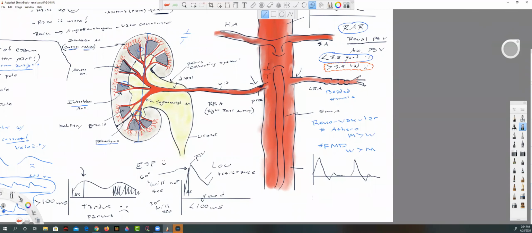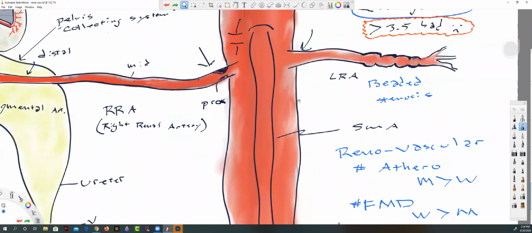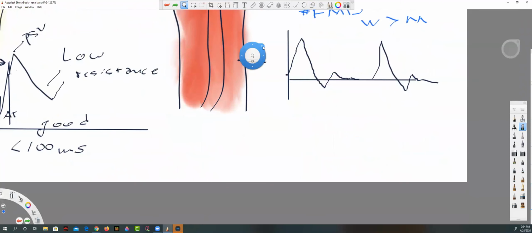Let's just write it down here, a little more room. Let's get up a little closer. Okay, this last bit of area I have down here.